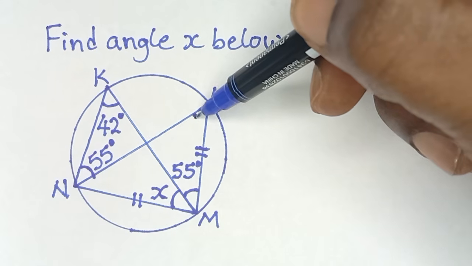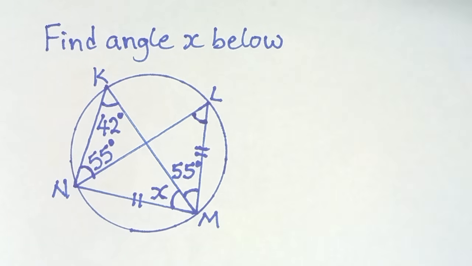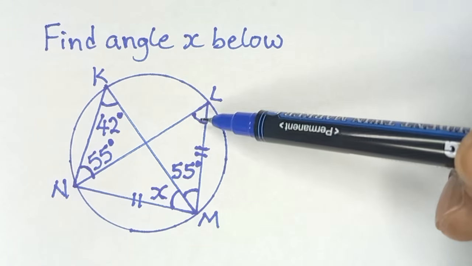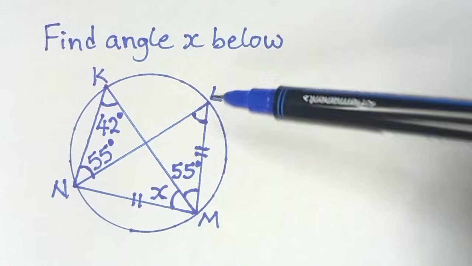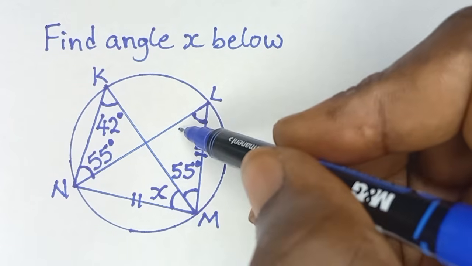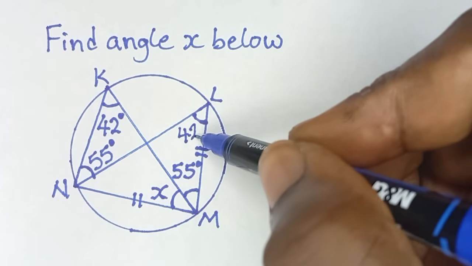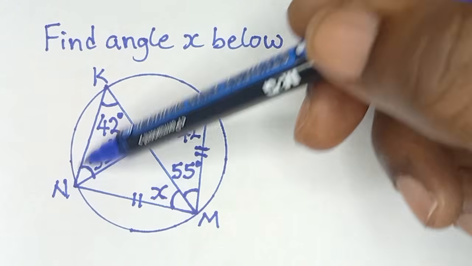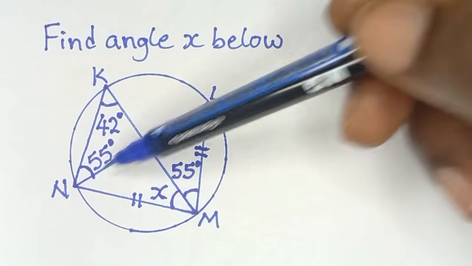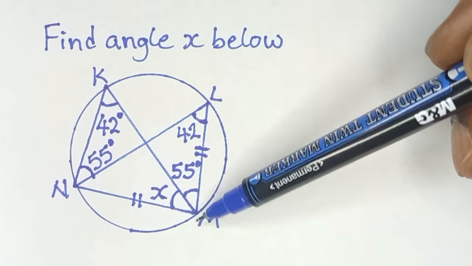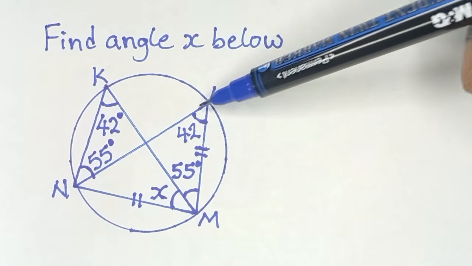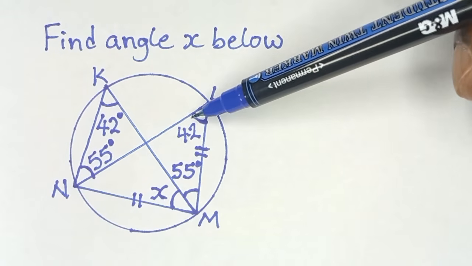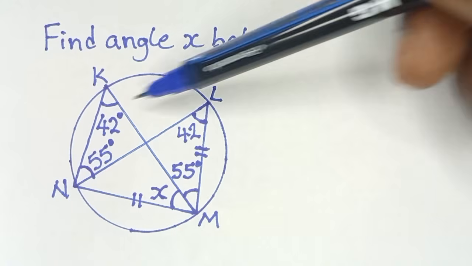And that is this angle. So what do you deduce from that? That these two angles are in the same segment as well. So if this is 42, this is also 42 degrees. Because you can see they are coming from N and M to this point, they form 42. And then from the same N and M to this point, they form the same 42. So angles in the same segment are equal.